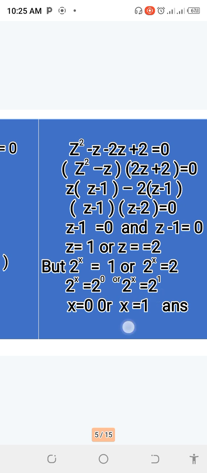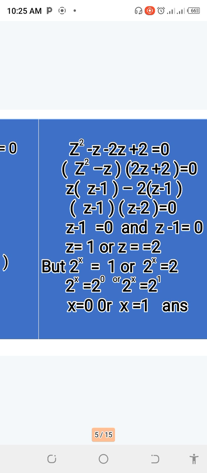So the answer to that exponential equation is x is equal to 0, or x is equal to 1. This is where we are going to stop the tutorial for now. In our next tutorial, we are going to solve 7 additional past questions.